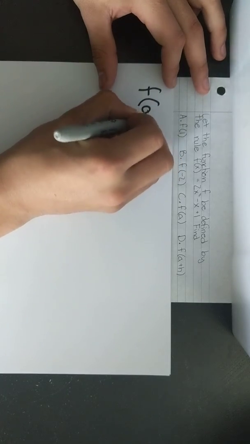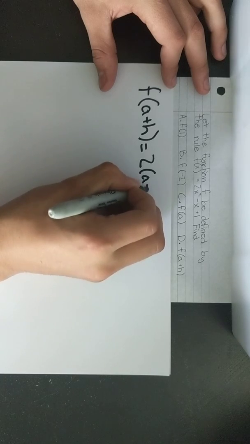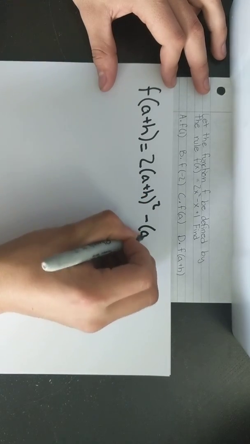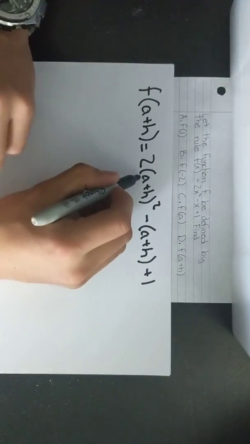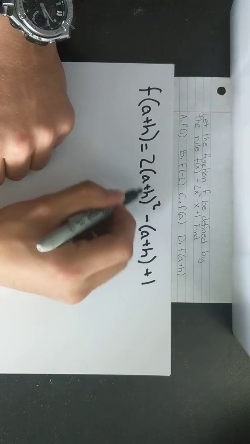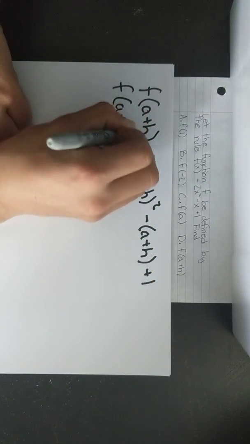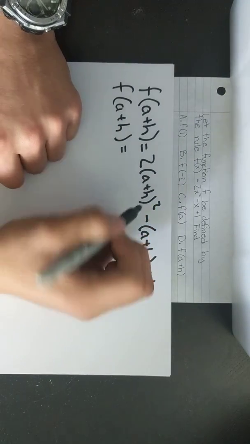So f of A plus H equals 2 times A plus H squared, minus A plus H plus 1. So this A plus H squared is basically A plus H times A plus H.